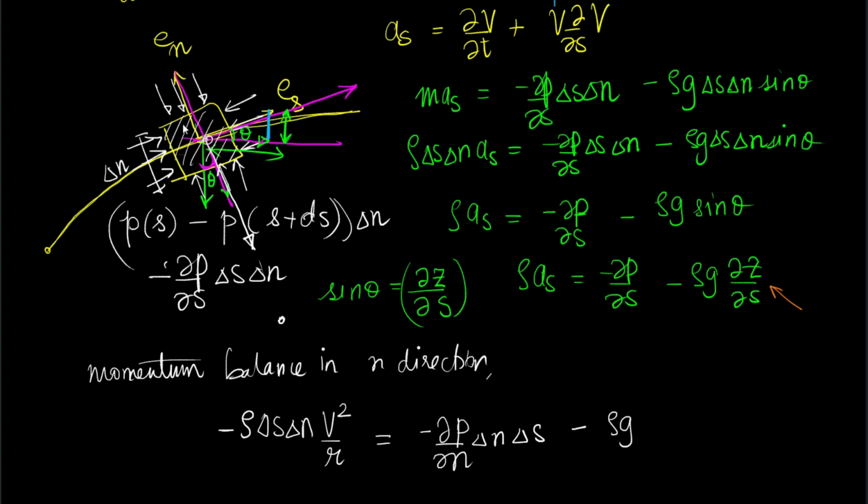Now the other direction will be del Z del N. Instantaneously at this point, del Z del S gives us the sine of this theta, that is how much Z varies with an increment in S, but how much Z varies with an increment in N will be equal to the cosine of this theta. It's simple geometry.